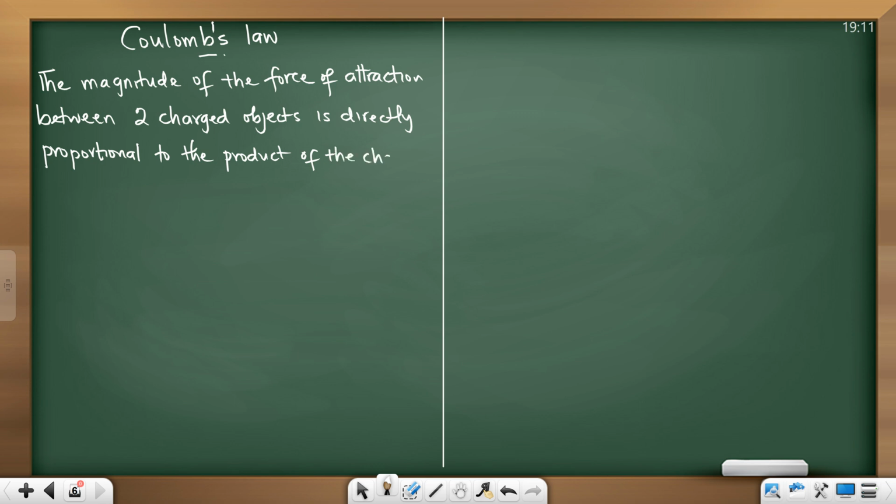If I was doing Newton's laws, I would say the masses, and inversely proportional to the square of the distance between them.